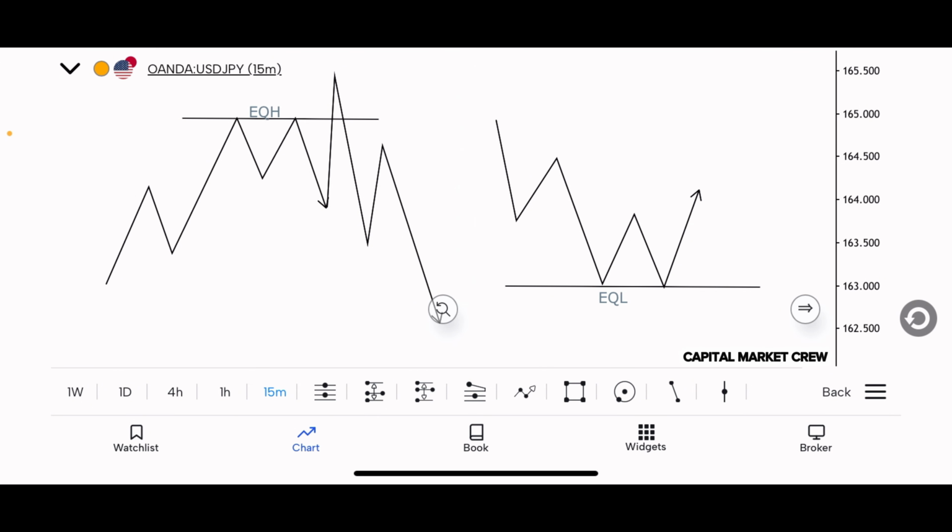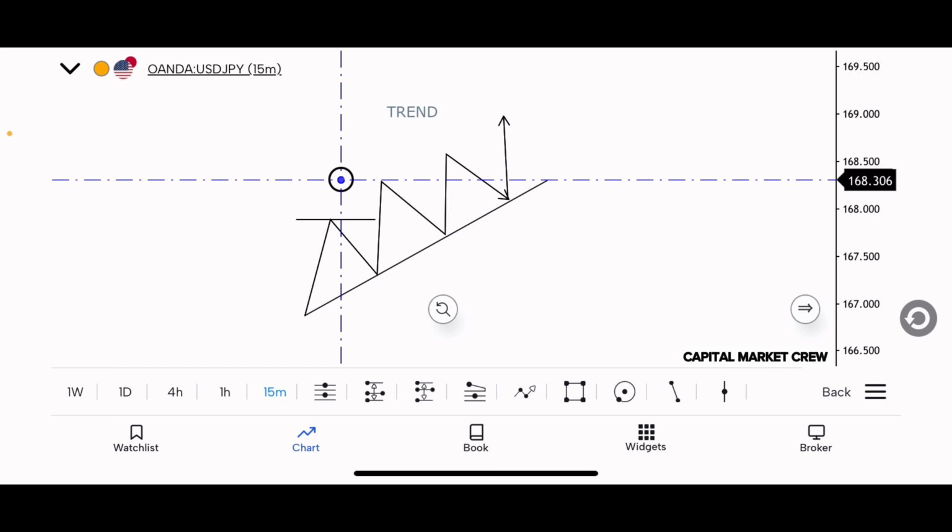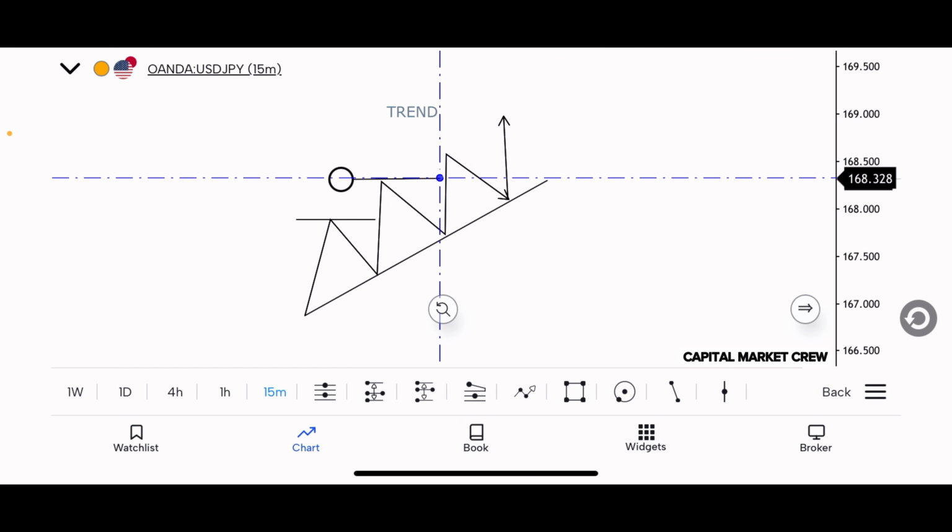You can also target liquidity in the market when you see liquidity. For the trending liquidity, for instance, this here is a break of structure. This here is also a break of structure.